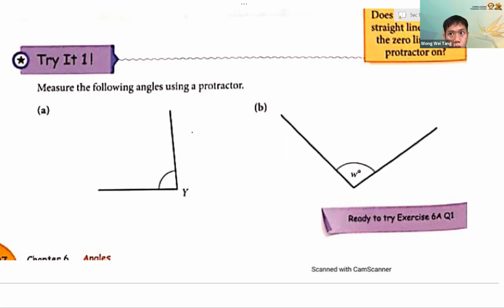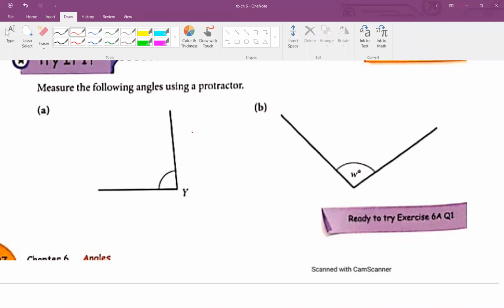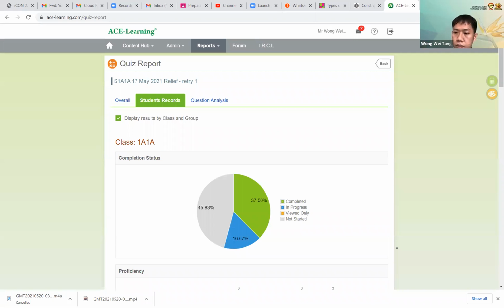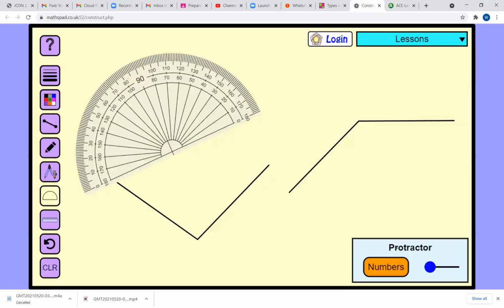Do you understand what I'm saying? No. No, okay, never mind. Here's what I'll do. Okay, look at your screen. Do you see my protractor?